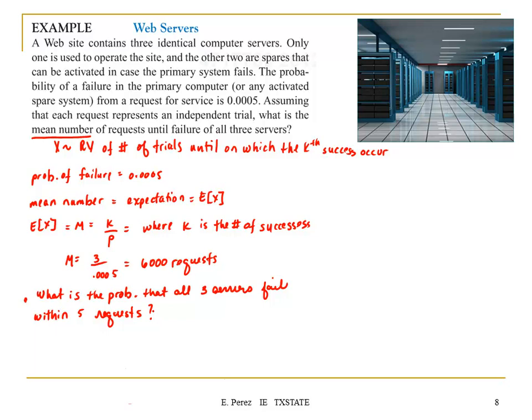So look at the definition of the random variable. The random variable is the number of trials until which the key success occurs. And the question is asking what is the probability that all 3 servers fail within 5 requests.